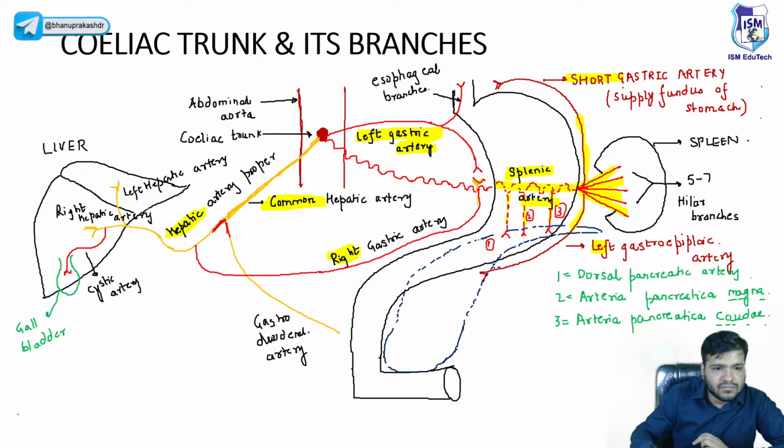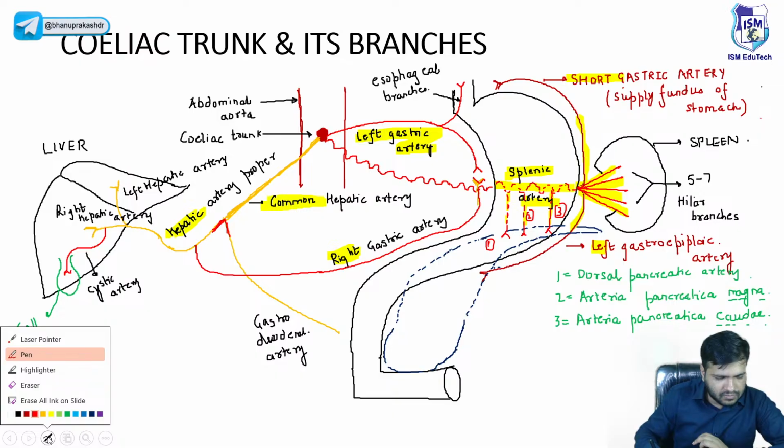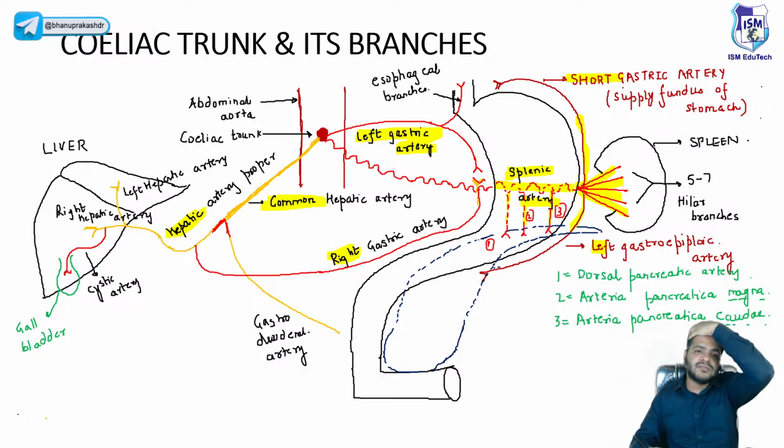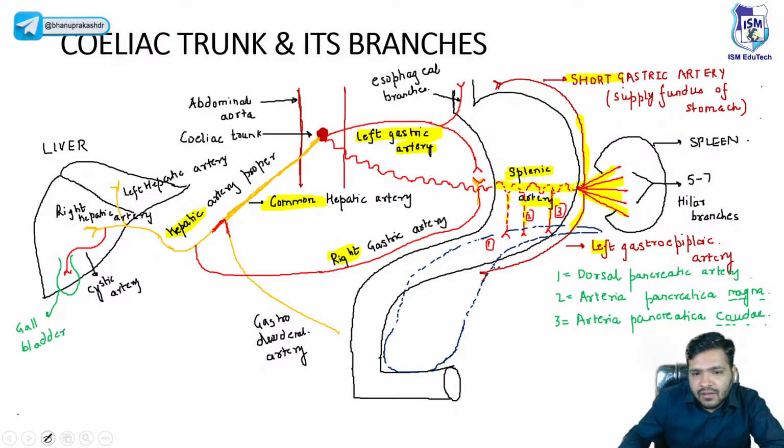Okay, the rest of you give a thumbs up quickly. Now this gastroduodenal artery passes behind the duodenum, and it will give off two branches, beta.